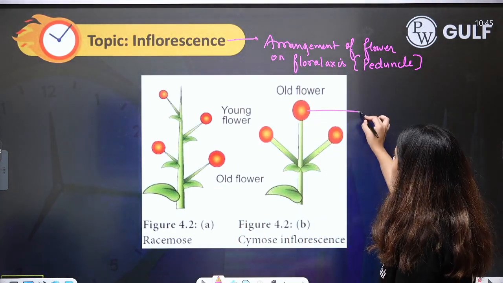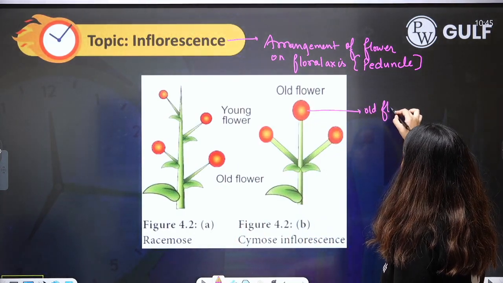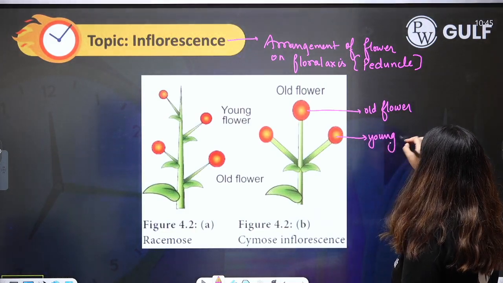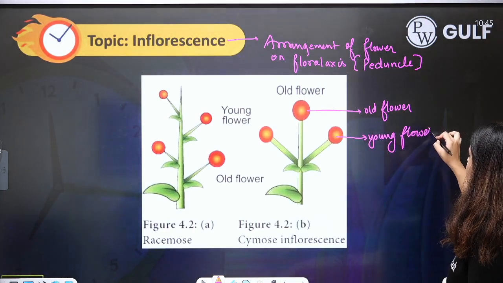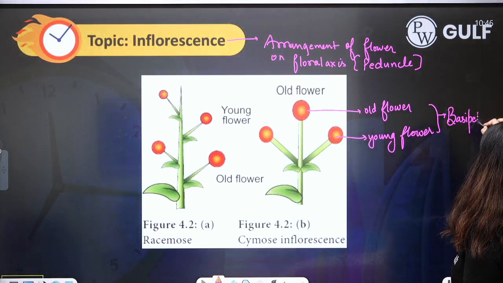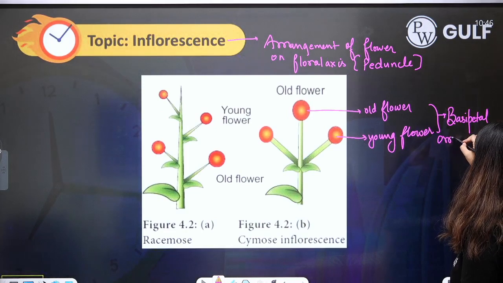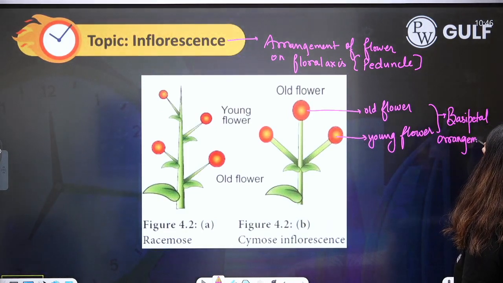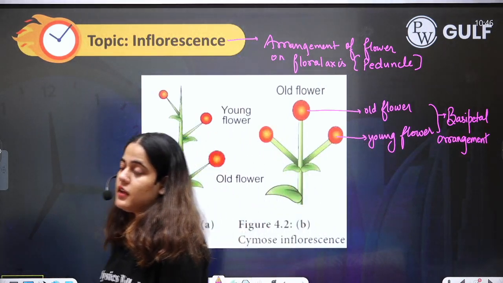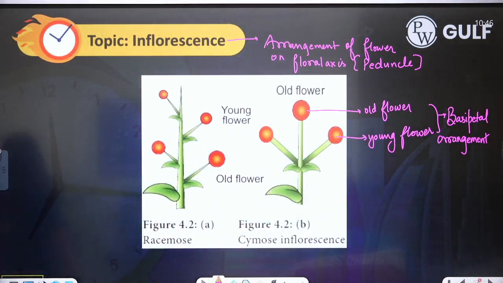In cymose, you can see that the old flower is at the tip and the young flower is at the base. Such type of arrangement is known as basipetal. Remember it with base. The young flower is at base, basipetal.